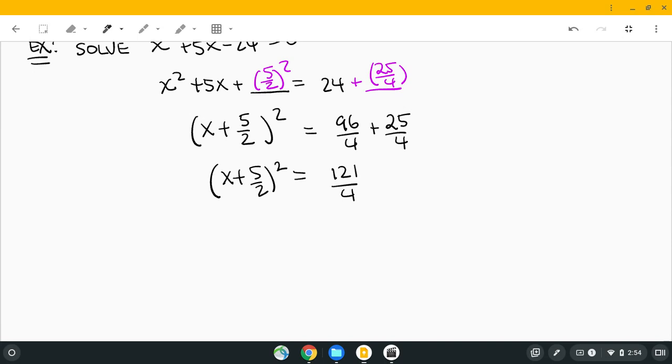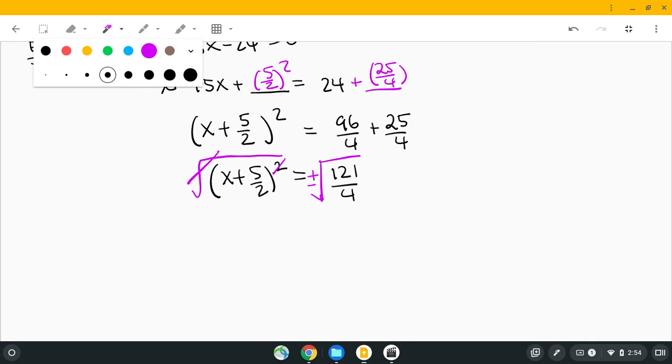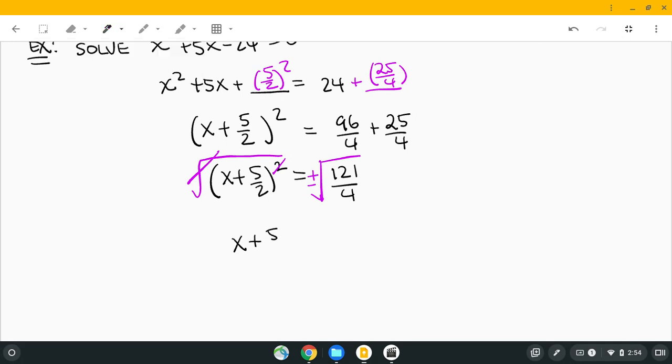Now I can use the square root method. So I'm going to take the square root of both sides to cancel this square. But remember, when I take the square root over here, I will have two answers, the positive and the negative. So I get x plus 5 halves equals plus or minus, and the square root of 121 is 11, and the square root of 4 is 2.